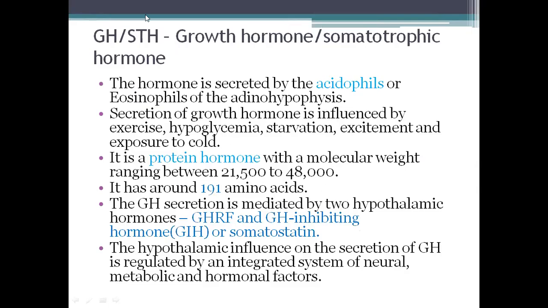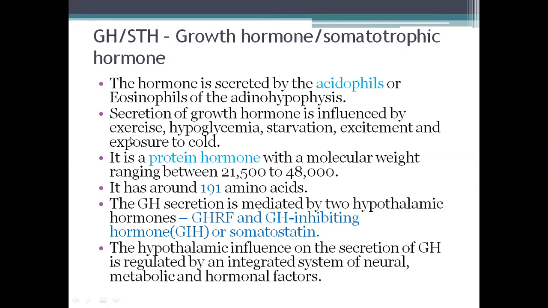Now, let us see the first hormone secreted by the anterior pituitary, that is the growth hormone. Growth hormone is also known as somatotropic hormone, and it is produced by the acidophils of the anterior pituitary. What is the condition under which it is produced?